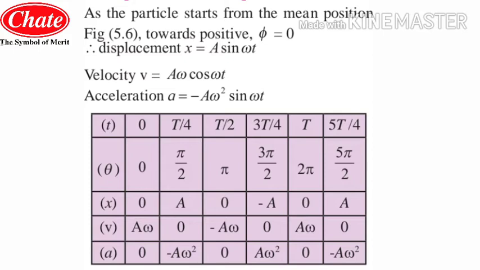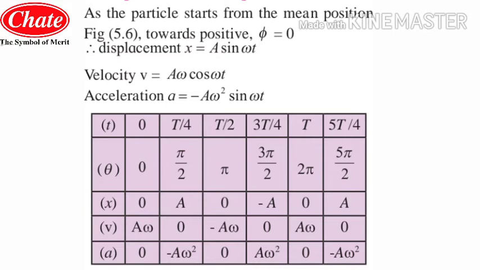As far as the values of theta are concerned, first of all it is 0, as the SHM will start from the x-axis. The second one is pi by 2, which is 90 degree, along the positive y-axis. The third one is pi, which is 180 degree, along the negative x-axis.